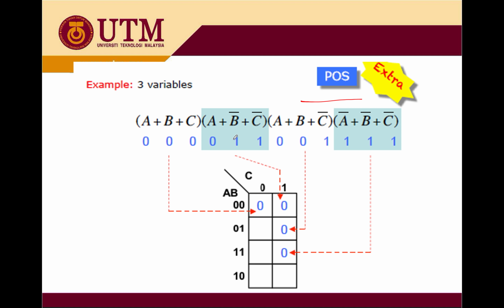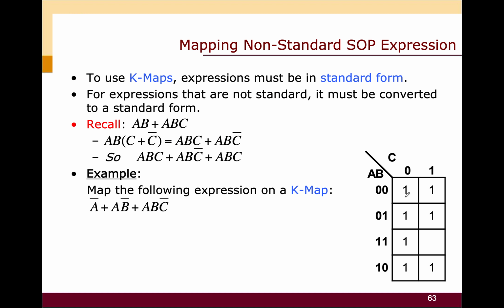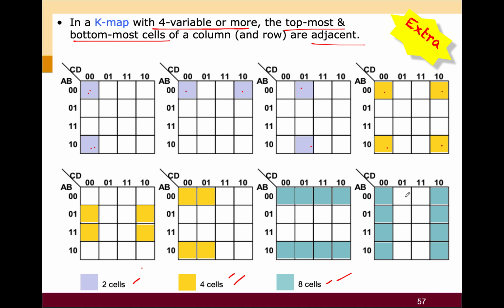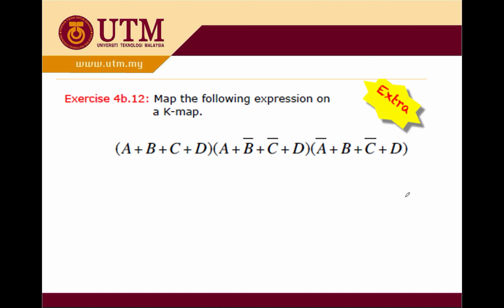Similar also, you can have your truth table, but the output will be 0. So the rest you will fill with 1. You can try all the exercises, and the example is in here. Okay, I just move forward.